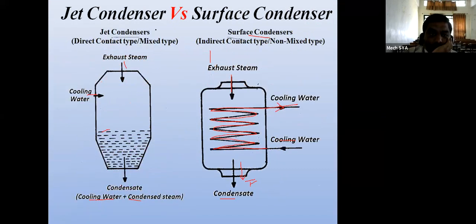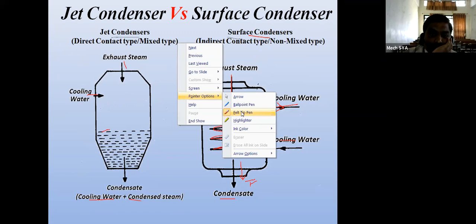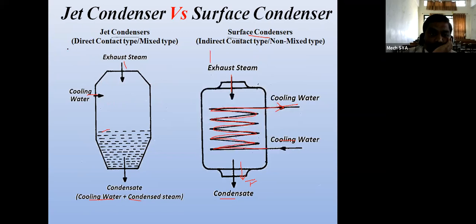Then this is the schematic representation of jet condenser and surface condenser. This is the jet condenser. It has only one closed vessel, in which cooling water enters the condenser from one side.